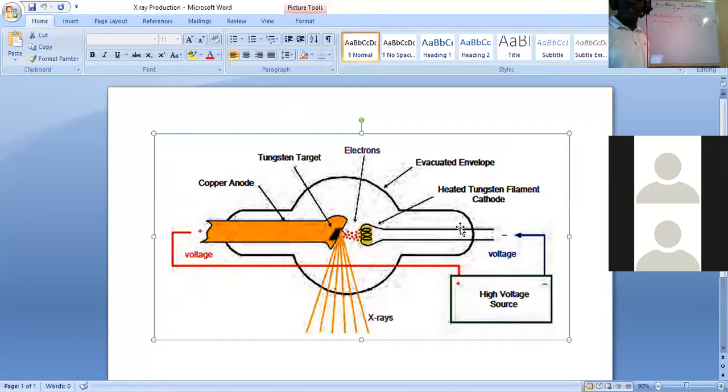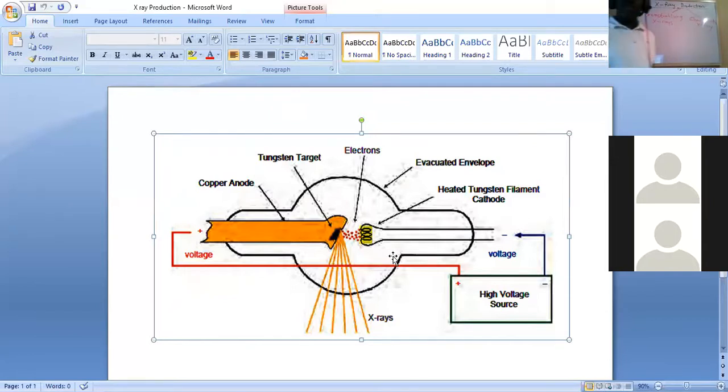It could be a glass tube, it could be a metal tube, depending on the choice of the manufacturer. Of course, if it is going to be a glass tube, it has to be a very, very strong one. Of course, it is evacuated. The envelope here is evacuated. By the envelope, we mean this casing is evacuated. That is, it's almost a vacuum.